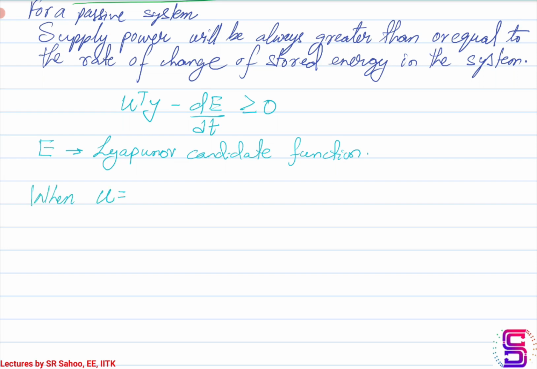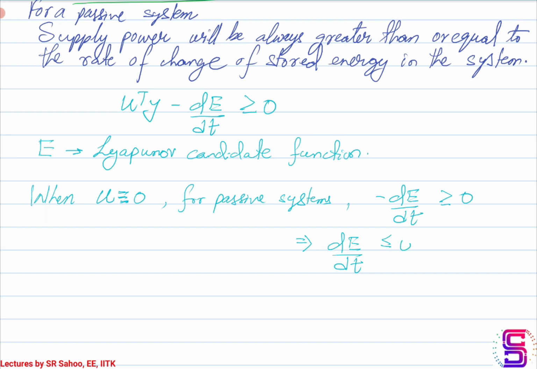now when the input u is identically 0, what do we have for passive systems? When the input u is identically 0 for passive systems, you have minus dE by dt to be greater than or equal to 0, right? Which indicates that dE by dt is less than or equal to 0.